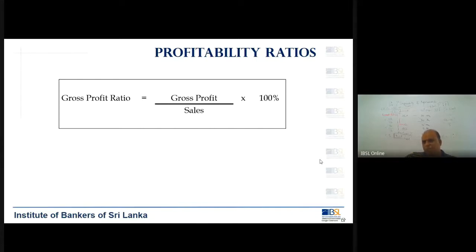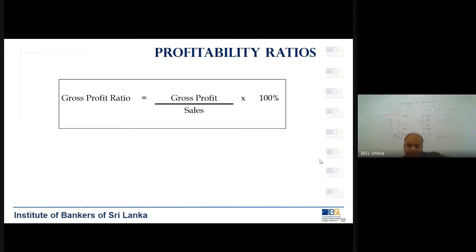What is important here is the gross profit ratio is represented as a percentage. So that is why we multiply by 100%. The two variables involved here are the gross profit and the sales.